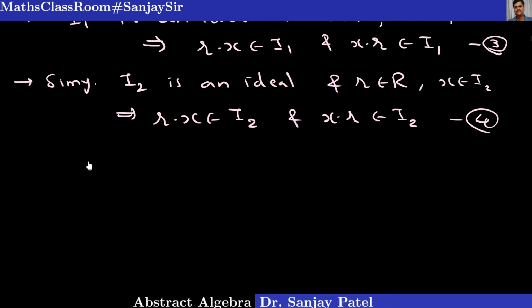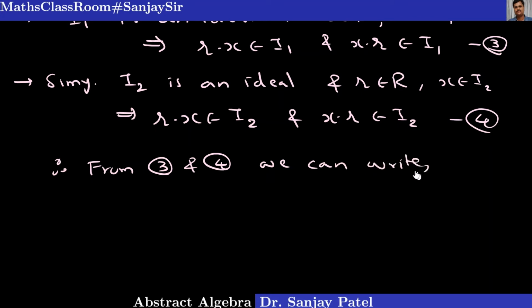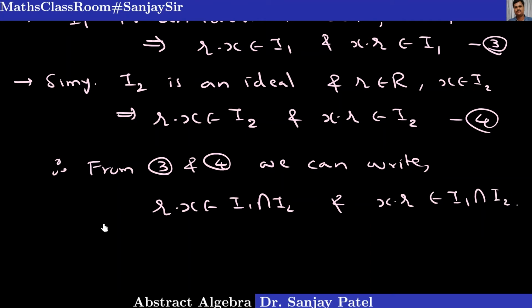So therefore, from 3 and 4, we can say that rx belongs to I1 intersection I2 and x into r also belongs to I1 intersection I2. Okay, so what have I proved?